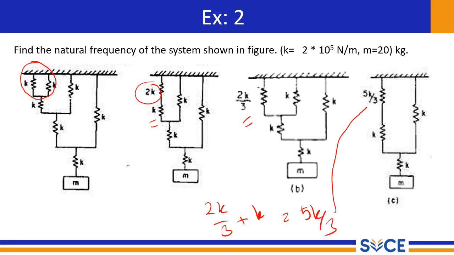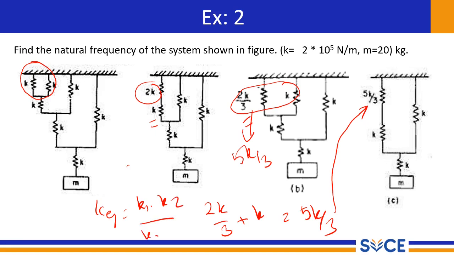So this is equivalent to 5K by 3, which is converted into an equivalent combination connected to the series spring. If it is in series, once again we have to use the springs in series formula, K1 into K2 divided by K1 plus K2. Let me see this in the next slide.